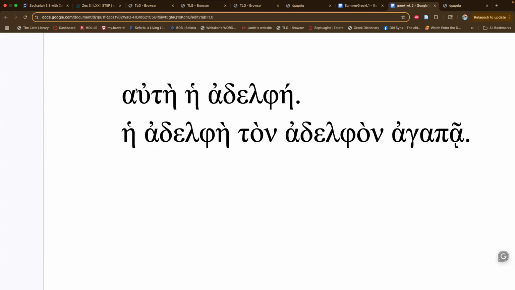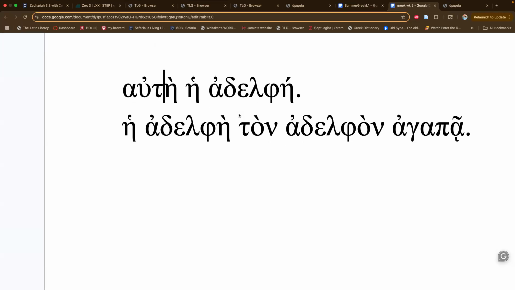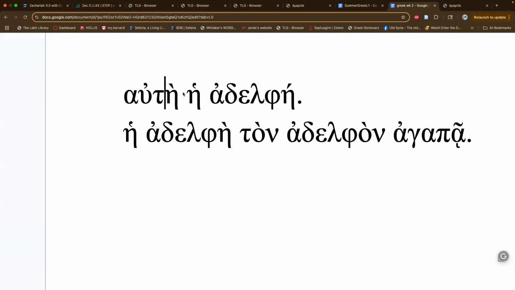The acute, which is this one, and the grave, which is this one, have the same general meaning. It's just a point of emphasis. The only difference is that the grave is only used in one case, and it's when the accent is on the last syllable of the word, and it's indicating that you should continue.